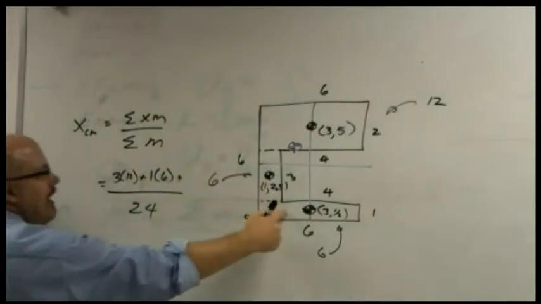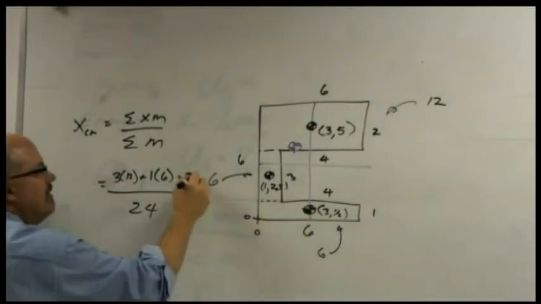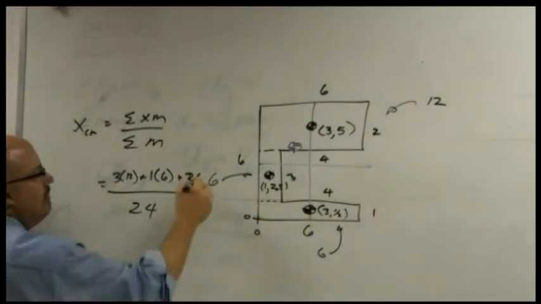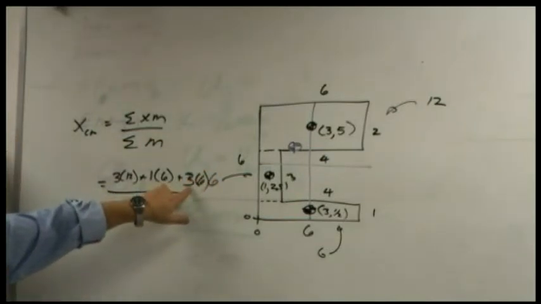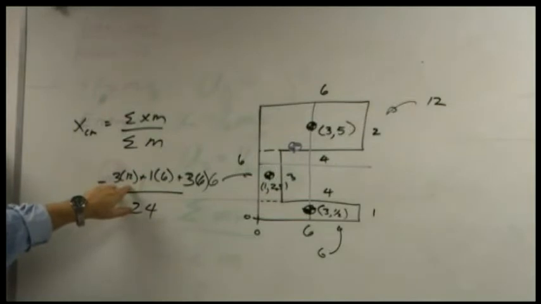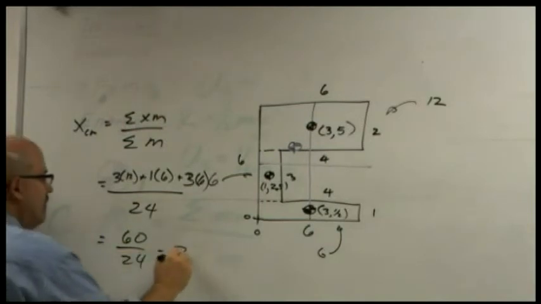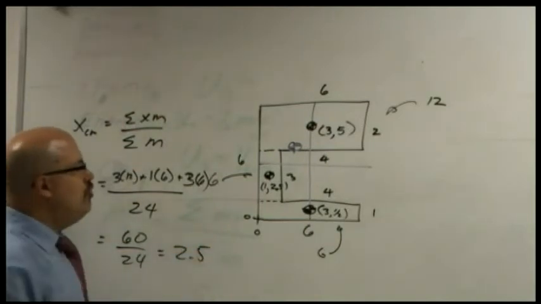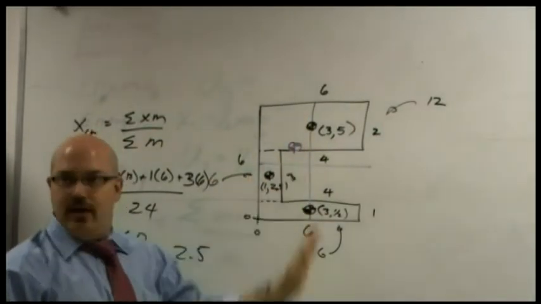And this one's going to have an xm of 3, that's its location, times a mass of 6 as well. So that's 4 times 6, 24. 24 plus 36 is 60. 60 over 24, what's that? 2.5. Does that seem reasonable? Yeah. It's to the left of center.